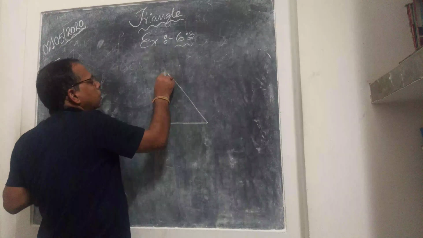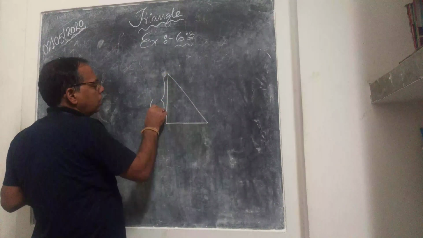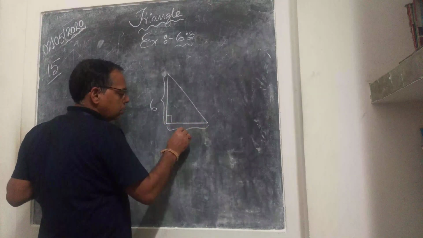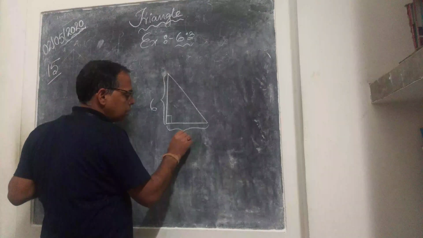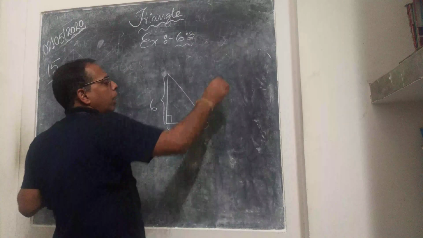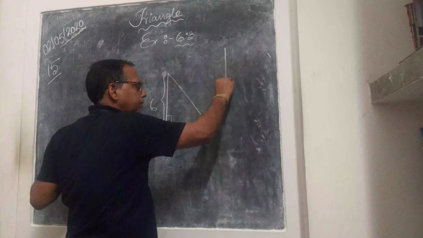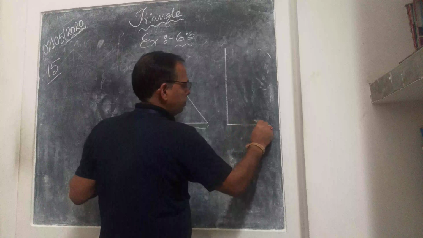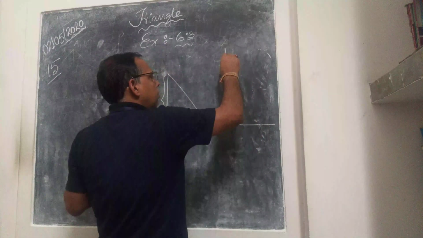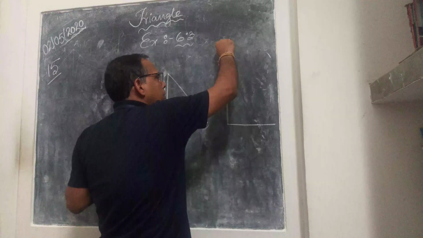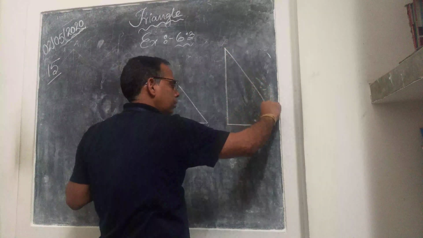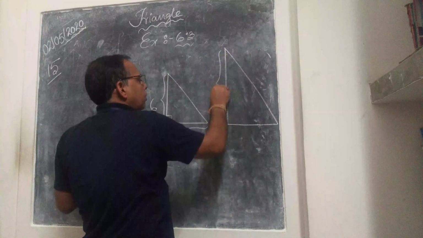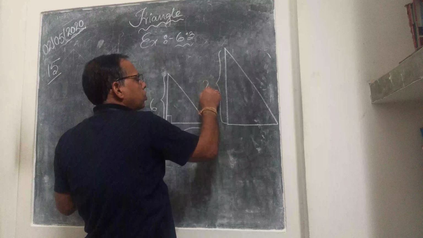So this is 6, and remember, the pole is supposed to be perpendicular to the base, that means perpendicular to the plane surface. This is 4, and then this is the question mark.